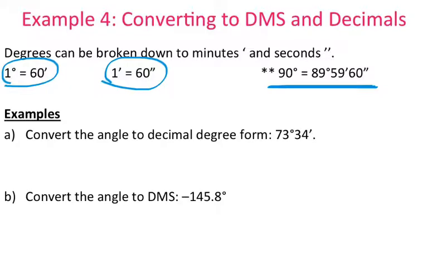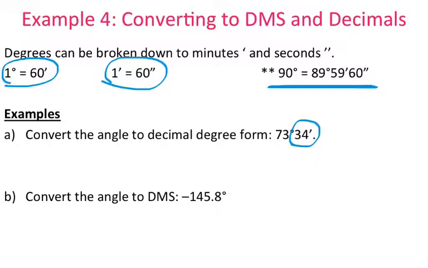Okay, so the first thing we're going to do is convert the angle to decimal degree form. I'm starting with 73 degrees and 34 minutes. That 34 minutes needs to be converted to a decimal.